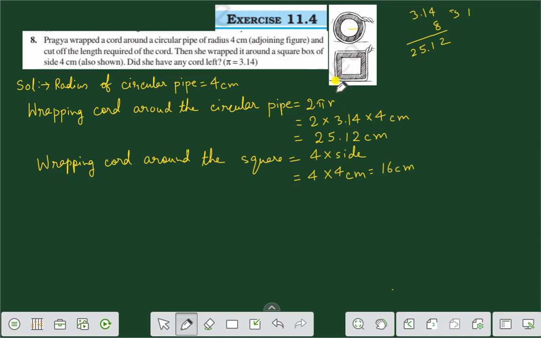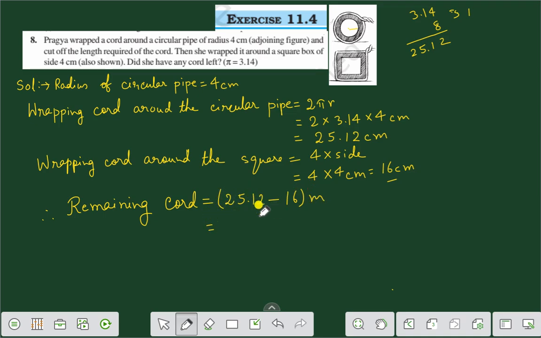That means if you compare, this is 16 centimeter and this is 25.12 centimeter, then this is greater, right? Therefore the remaining cord is equal to 25.12 minus 16 centimeter, right?